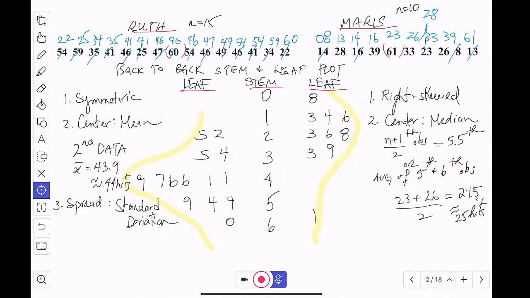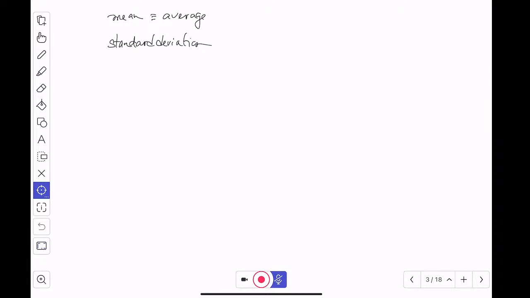I can talk about the values being spread out around the mean. So the standard deviation is a calculation of the average, it's like a measure of the average of the deviations, and we have to use the squared deviations, and that video that I made explains why, from the mean.